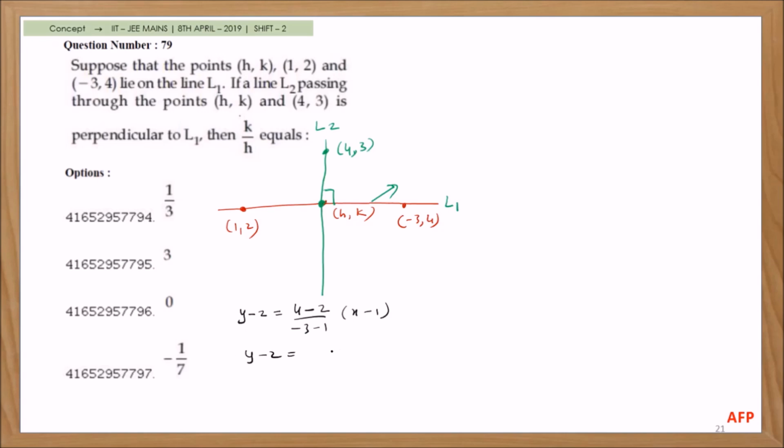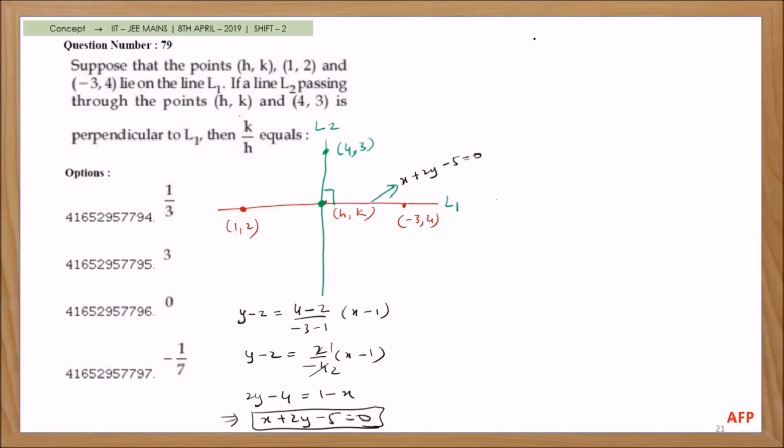So y minus 2 equals 2 by minus 4 times (x minus 1), cancellation, 1 time 2 times. So if you multiply, 2y minus 4 equals 1 minus x, so this implies x plus 2y minus 5 is equal to 0. So this is the equation of the line we got.